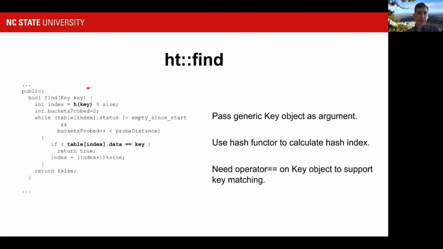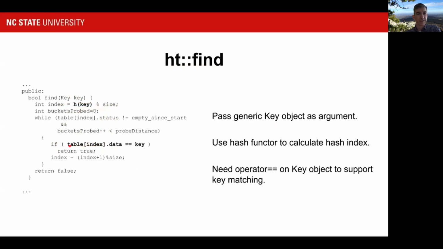The htfind function, also the same thing. I use the hash functor on the key object that's passed in as an argument to calculate the hash index. I modulo by the size to make sure it's in the range of the table. And then down here, in order to find this key, I have to compare, anywhere the entry is valid.